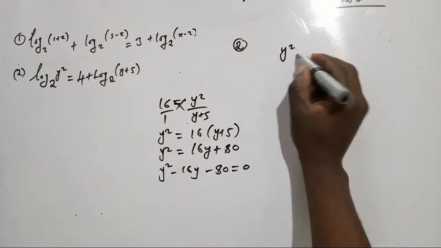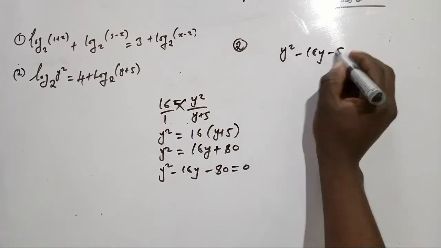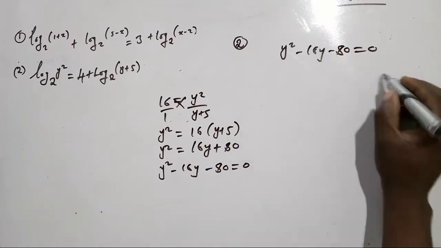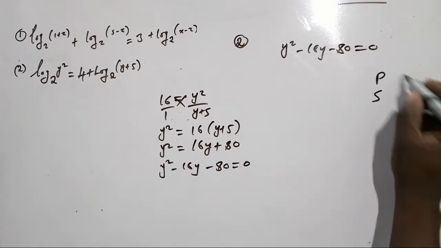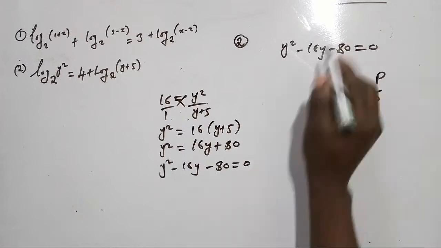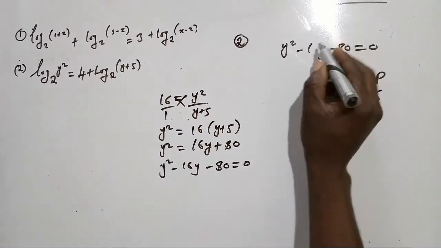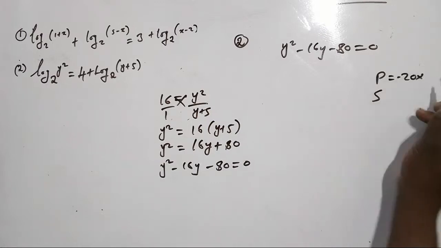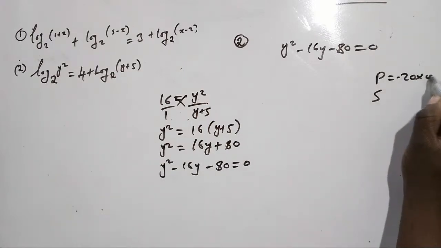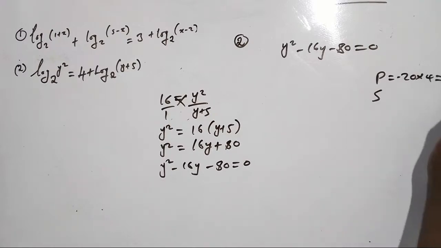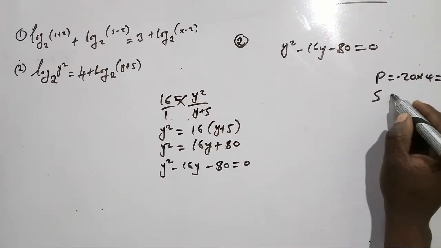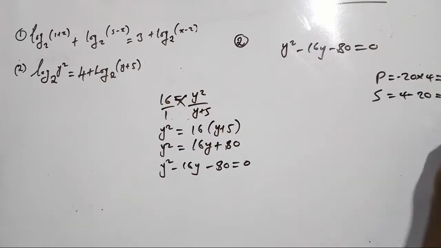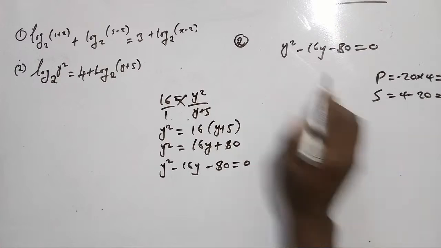So y squared minus 16y minus 80 equals 0. We are going to look for product and sum. So the product should be, let's say, minus 20 multiplied by 4, which should be equal to minus 80. Then when you add 4 and minus 20, you are going to have minus 16. That's what we have here.